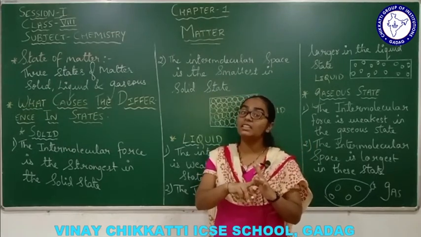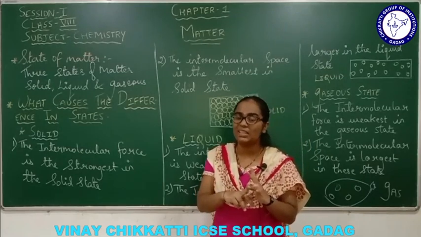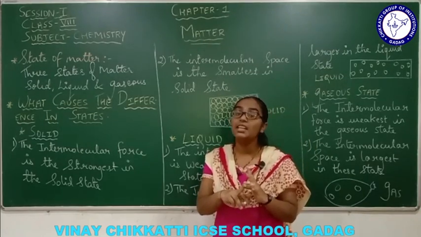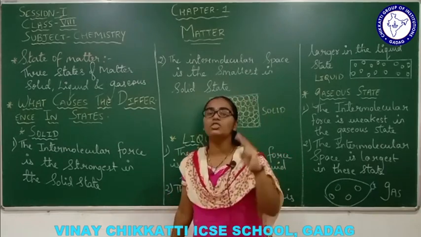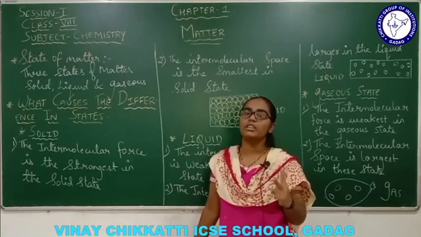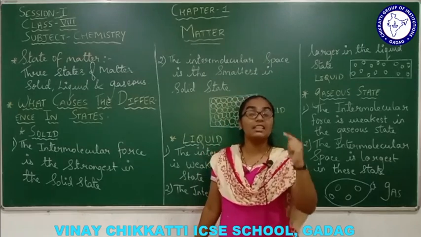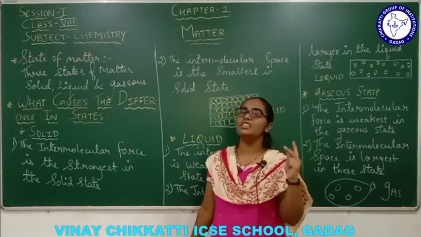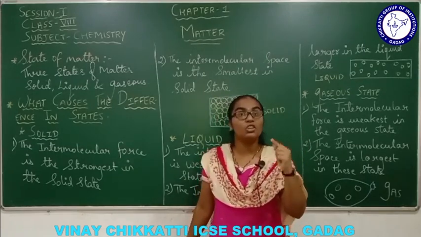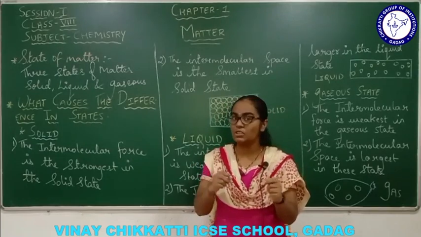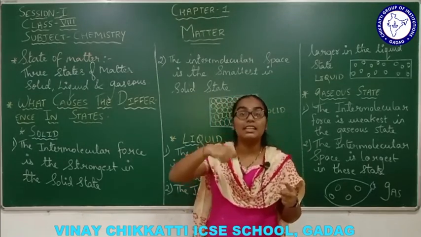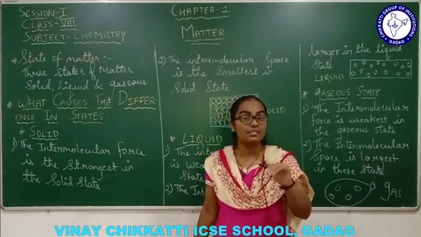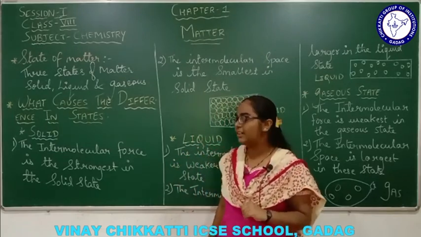Apart from that, the gap, the space which is lying within the molecules, that is intermolecular space. So for all these three states of matter, these two keywords are very important. First one is intermolecular force, second one is intermolecular space. Intermolecular force is the force which makes the molecules held together. Intermolecular space is the gap or the space which resides between the molecules, right?